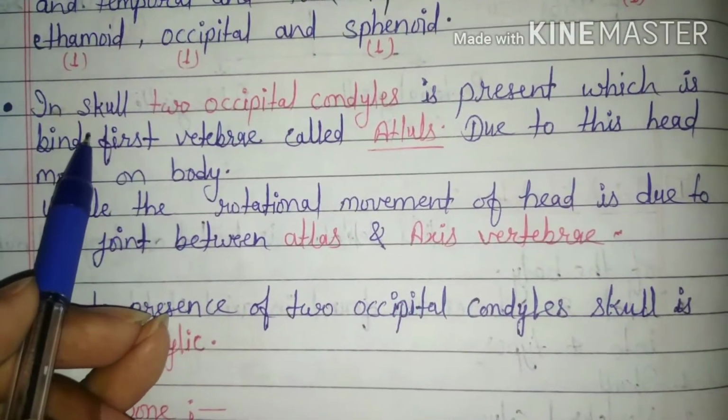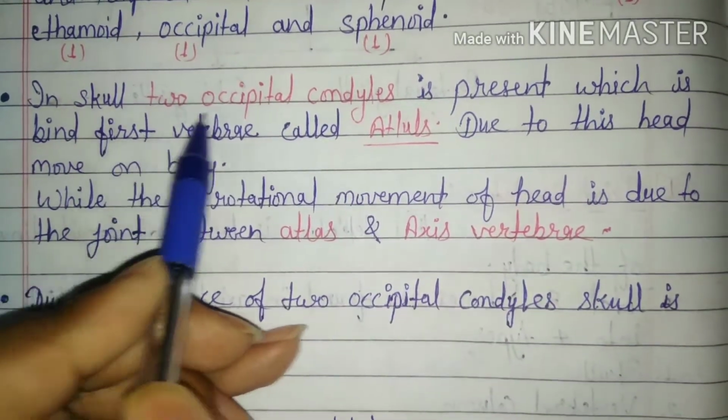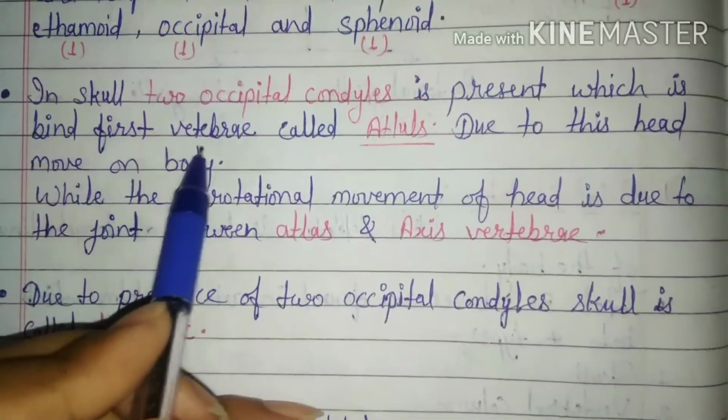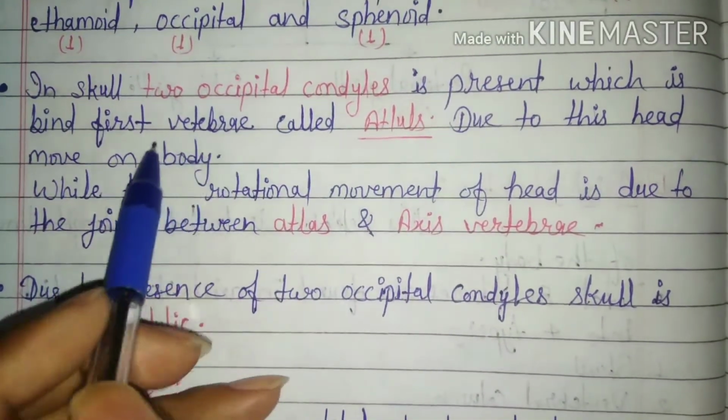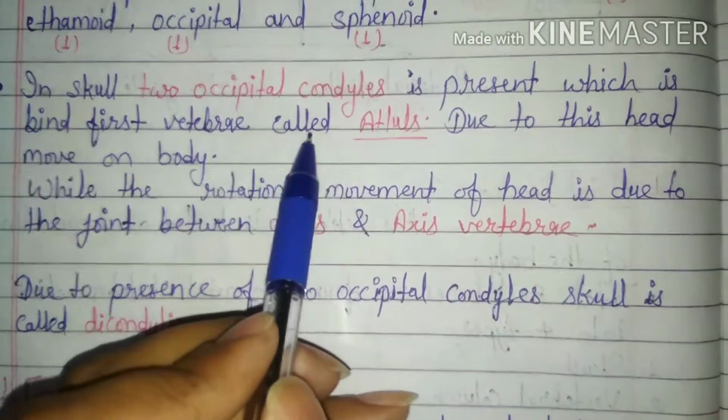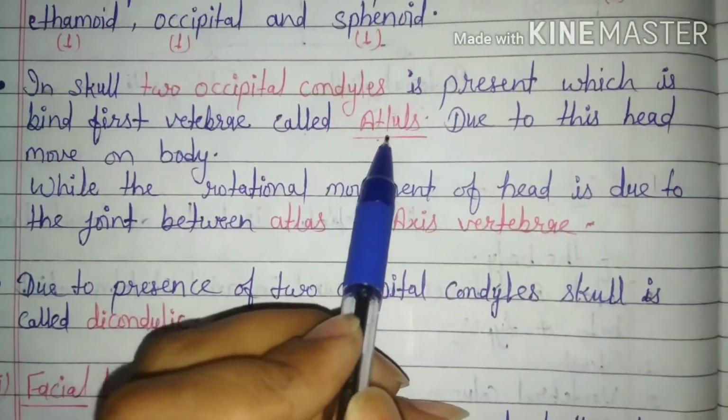So in the skull, two occipital condyles are present which bind to the first vertebra of the neck region, called atlas.